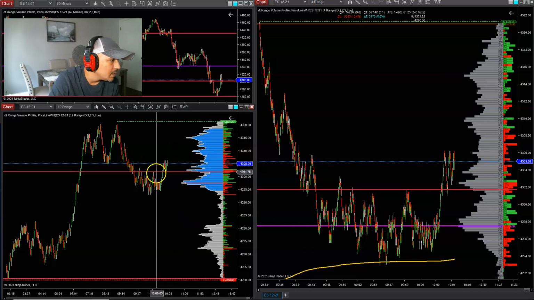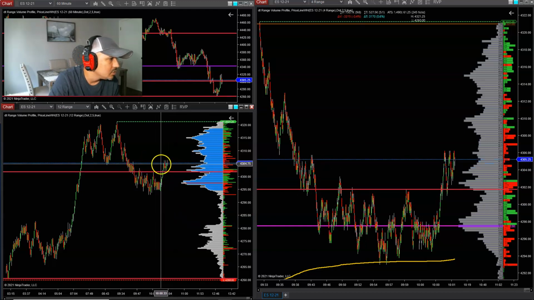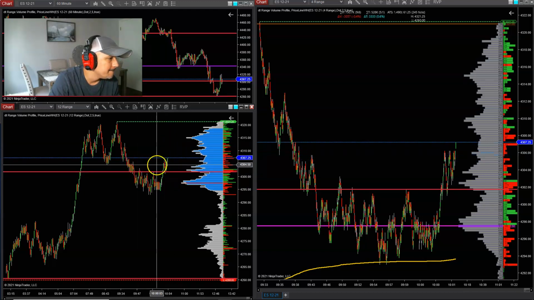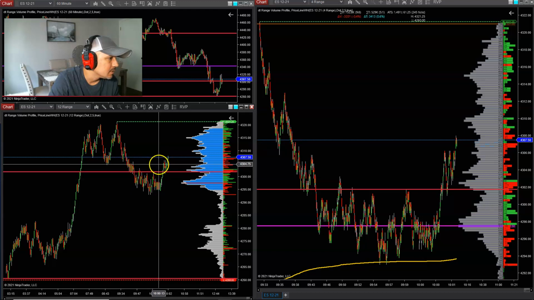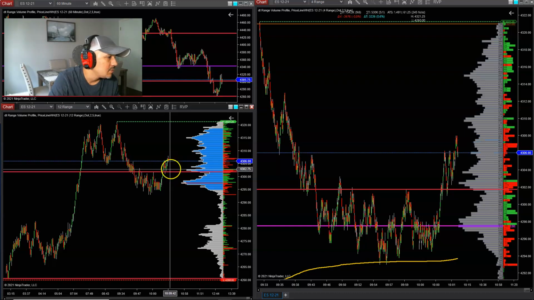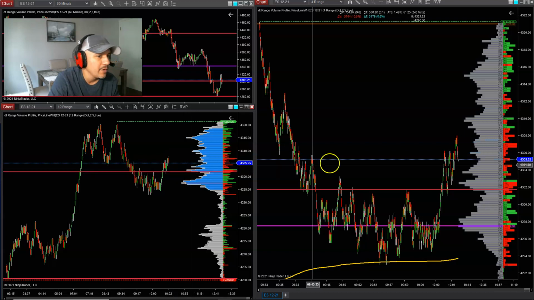Let's see. Price could pull back to this area right here at 43.02.